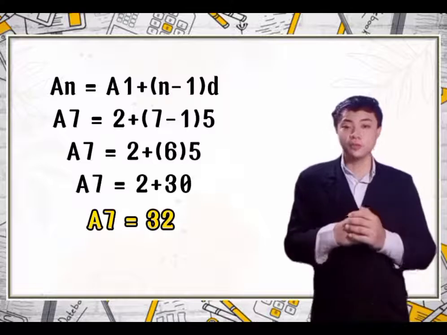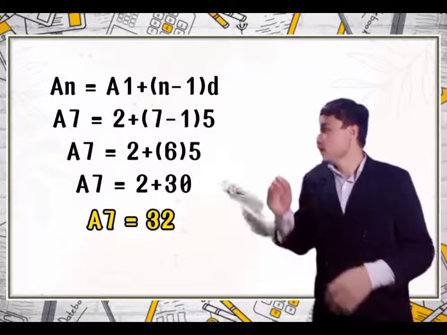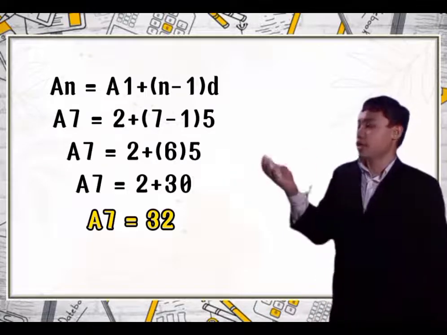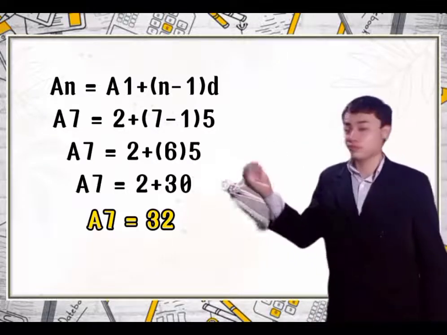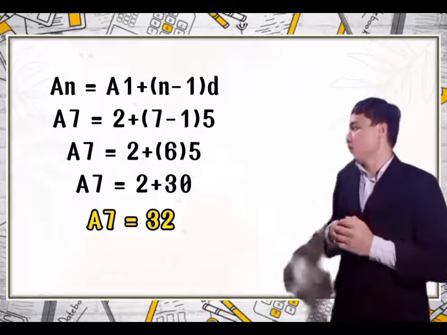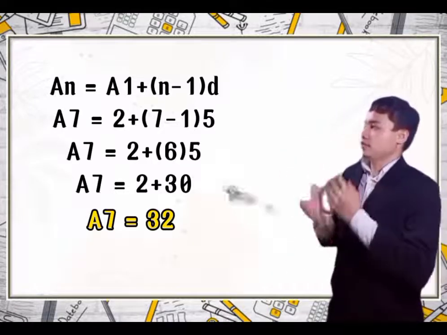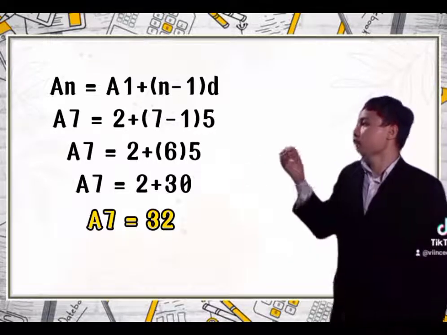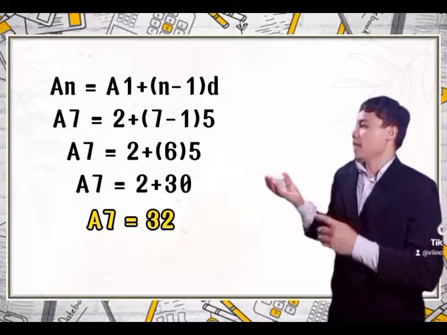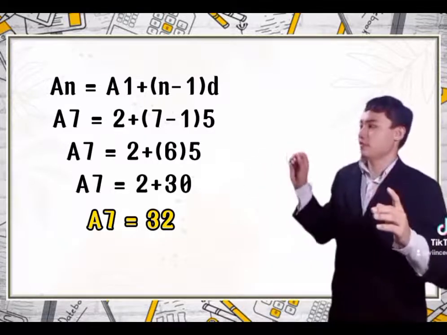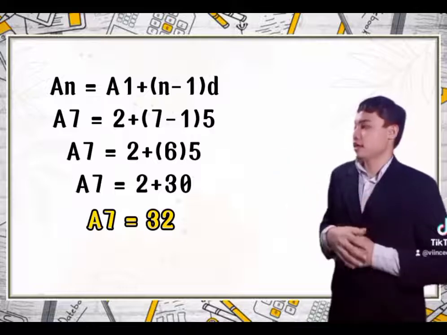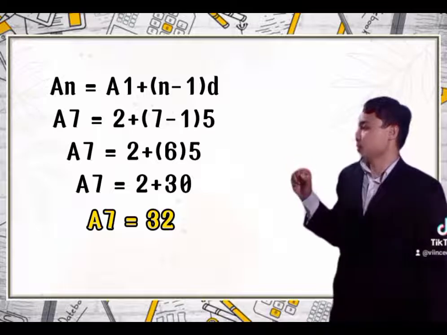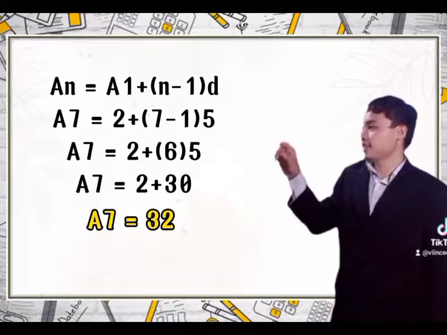Now, let's solve using the formula. a sub n equals 2 plus 7 minus 1 times 5. So we're just basing on the problem or the terms being given. a sub 7 equals 2 plus 6 times 5. We subtract 1 from 7, so it results in 6. a sub 7 equals 2 plus 30.